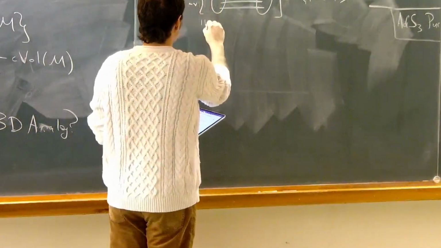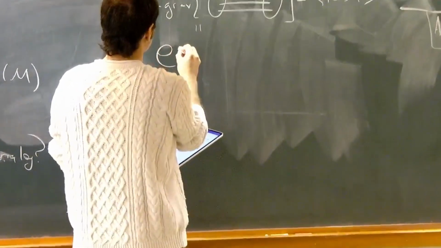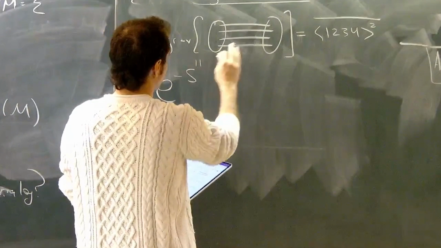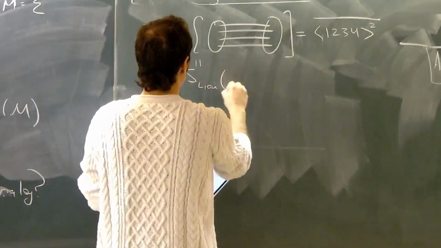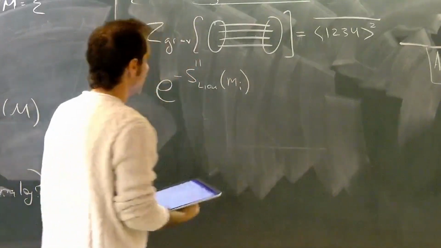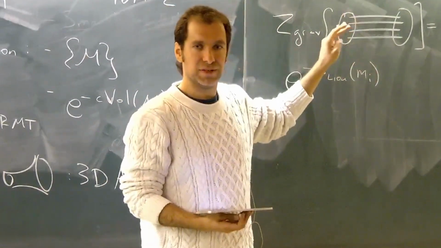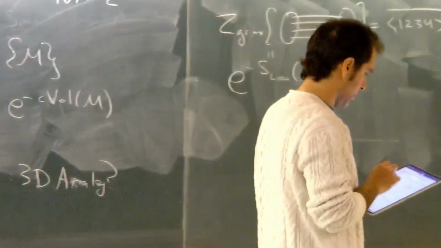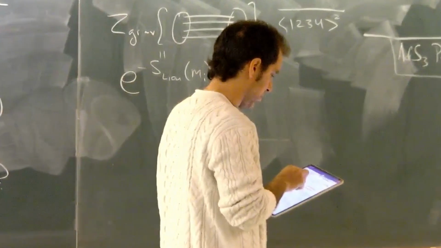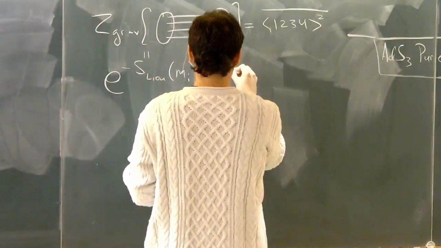And an independent calculation is done in the bulk, which gives the answer, which matches that one, and they both can be written in terms of some e to the minus Liouville action with some moduli fixed in the appropriate way. Okay. So this is probably familiar to pretty much everybody.